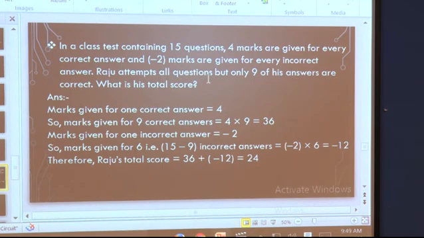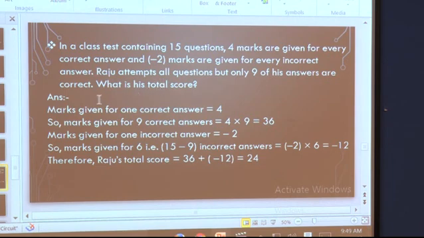Now Raju attempted all questions. He attempted all questions means how many? 15 questions. Yes, he attempted 15 questions, but only 9 of them were correct answers. You people also do similar, no? Suppose you all are Raju. Now you have to find out what is his total score. Again the word is total. Remember this, we have to do all things one by one. Total means again somewhere we will go for sum or addition.